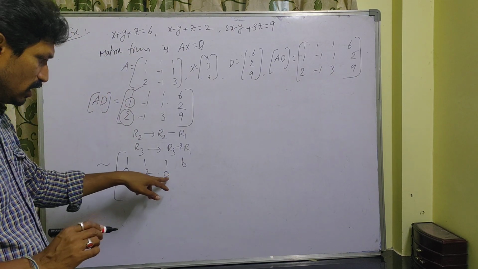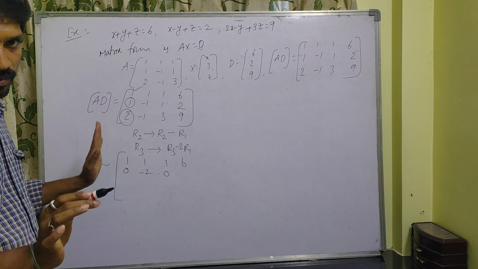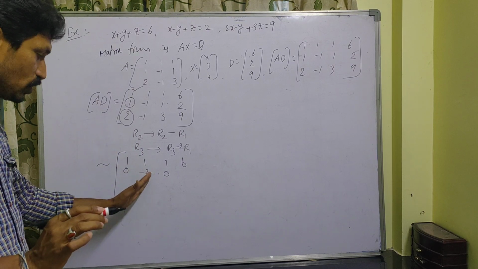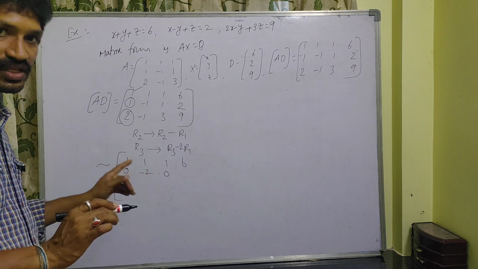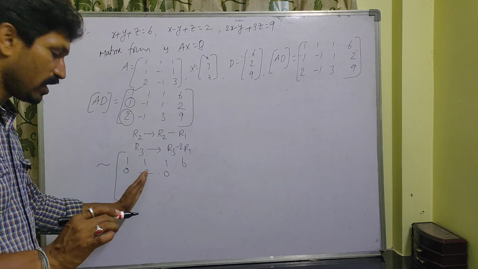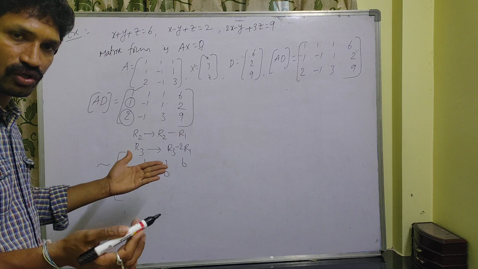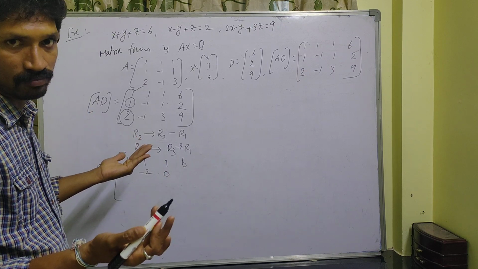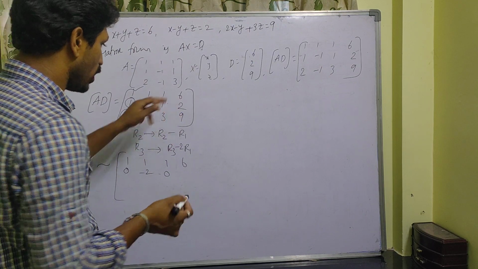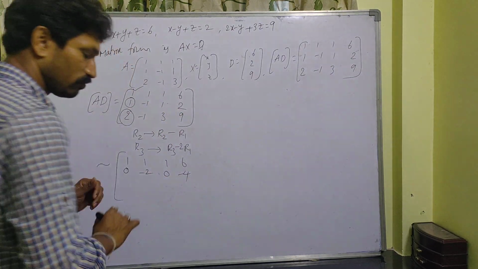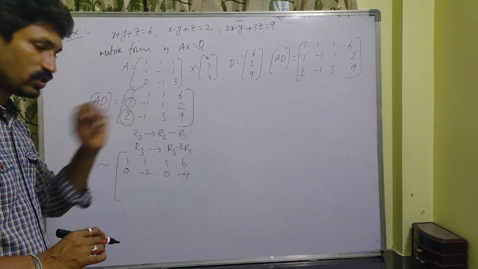Unfortunately it was also 0, but no problem. Before a non-zero number, how many zeros there are is what is important; after a non-zero number, zeros or non-zeros, no problem. Next, 2 minus 6 is minus 4. So the second row is completed.